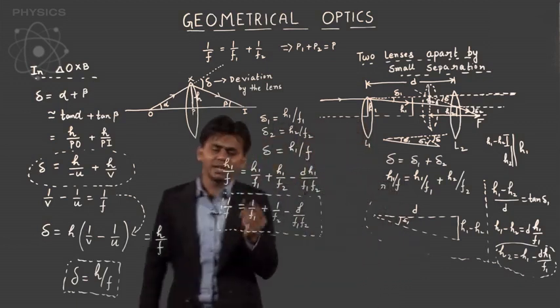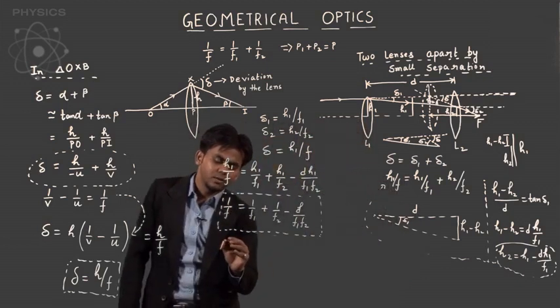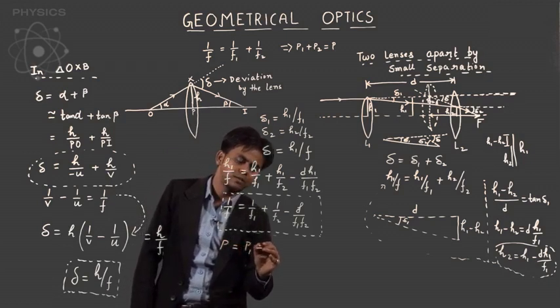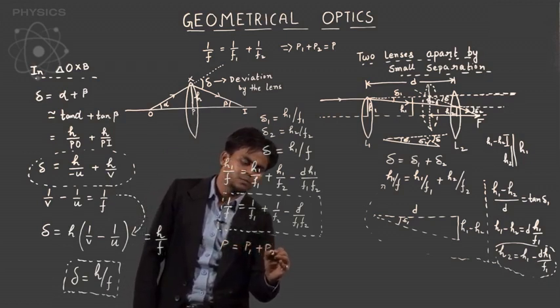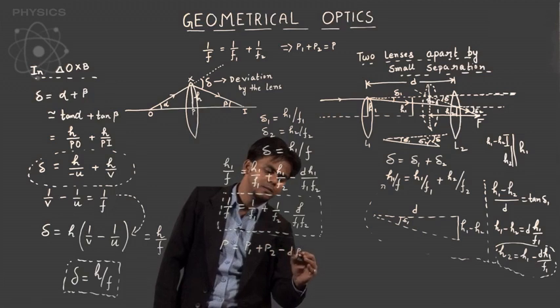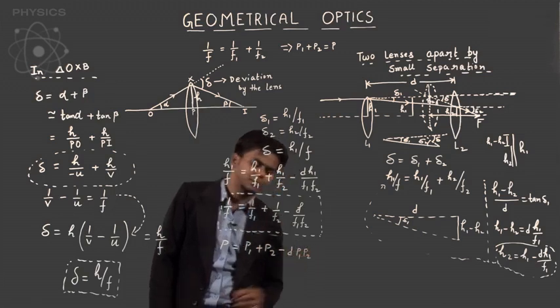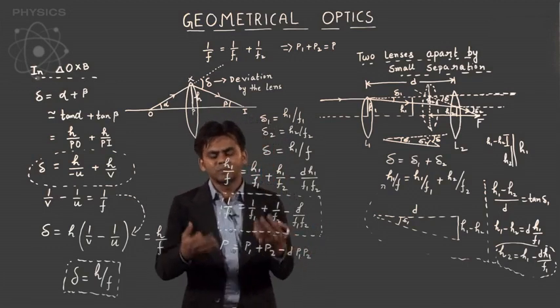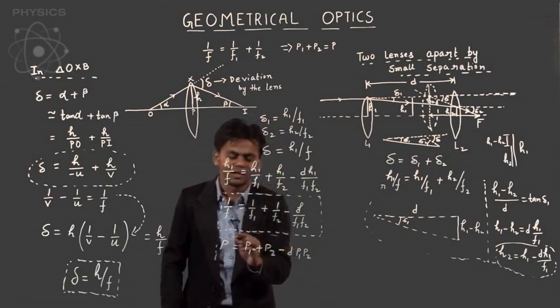I can convert this into a power relation too. Power is equal to P1 plus P2 minus D P1 P2. Makes sense, proper sense. I just inverted the power relation and found the power relation too.